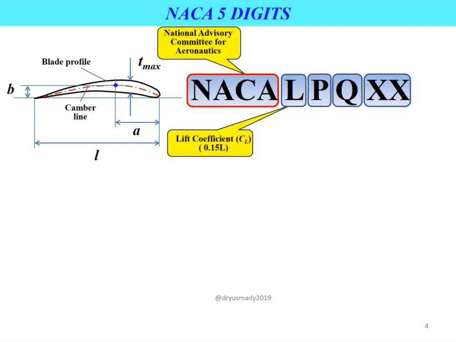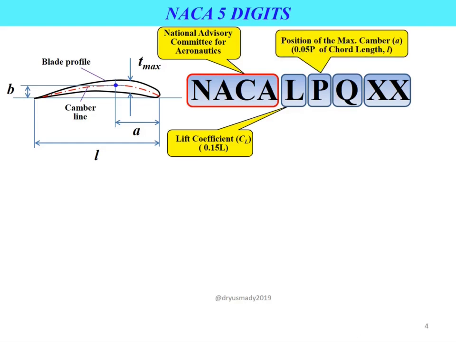Second term is the L code. This code represents the lift coefficient value, and the lift coefficient CL can be determined by using this formula: CL equals 0.15 multiplied by the L code value.